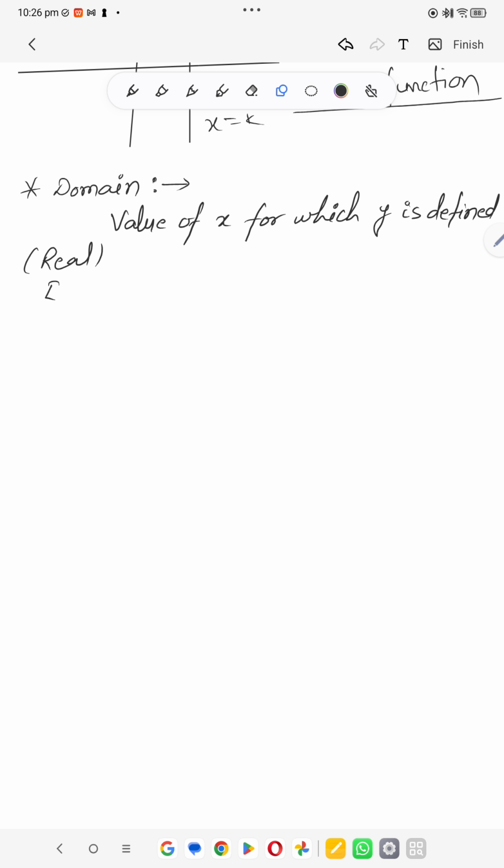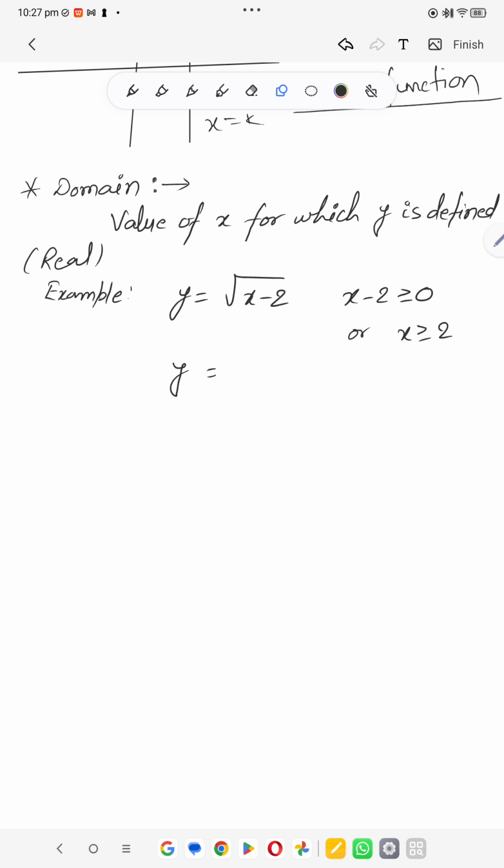For example, y equals under root x minus 2. Here x minus 2 will be greater than or equal to 0, or x is greater than or equal to 2.